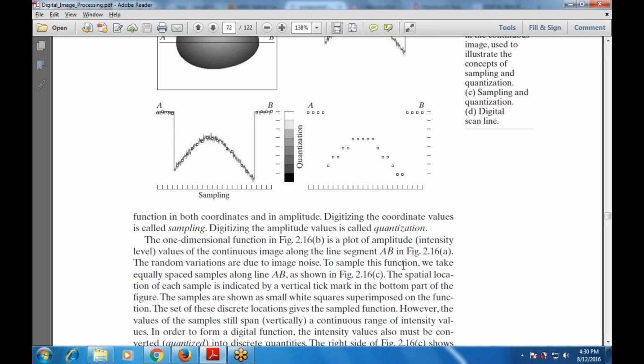To sample this function, we take equally spaced samples along the line AB, as in Figure 2.16. The spatial location of each sample is indicated by a vertical tick mark in the bottom part of the figure. The samples are shown as small white squares superimposed on the function.